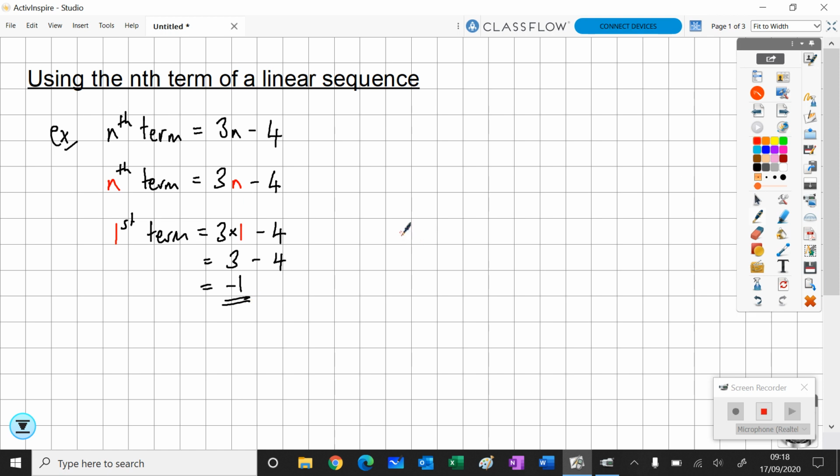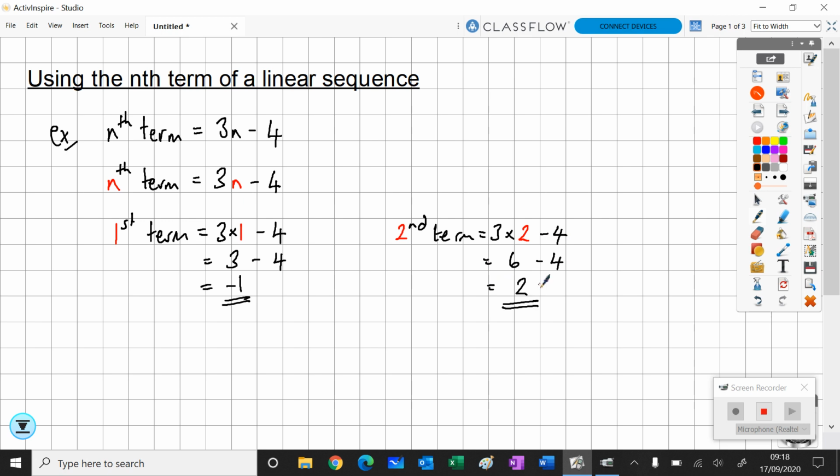Next, we can work out the second term of the sequence. The second term will equal 3 times n, which we're taking as 2, minus 4. So 6 minus 4, which is 2.